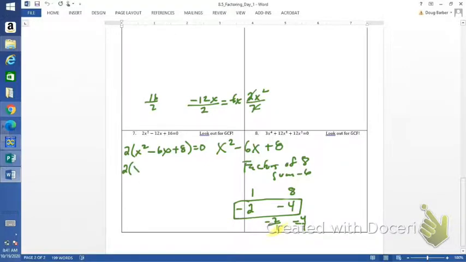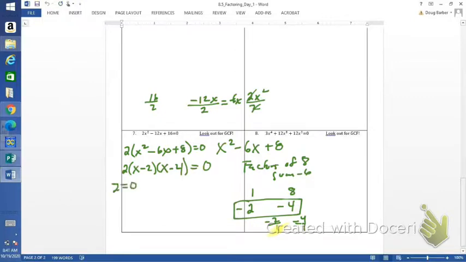So 1x, or x, and then minus 2, and then I have x minus 4 equals 0.